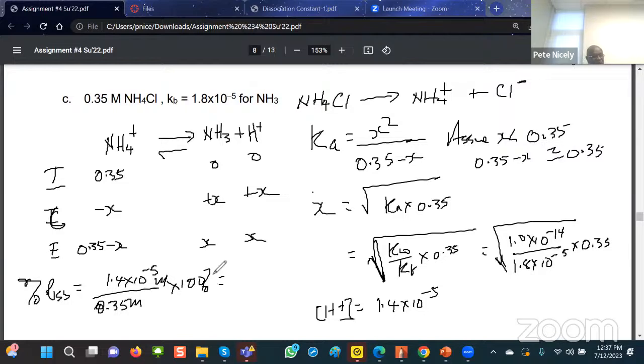So that's 1.4 times 10 to the minus 5 divided by 0.35 times 100. Okay, so I got 4.0 times 10 to the minus 5.